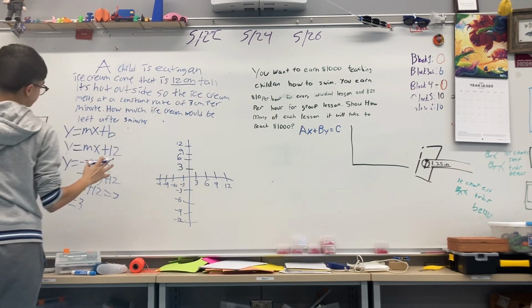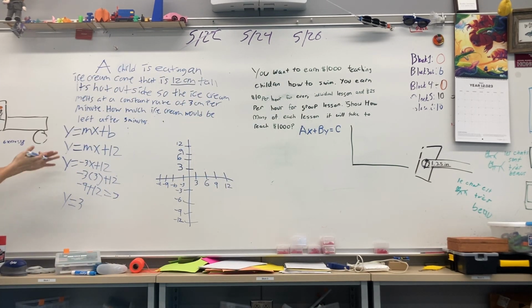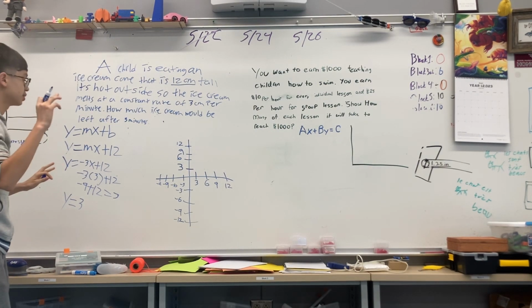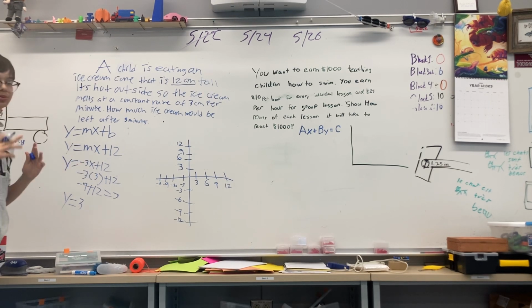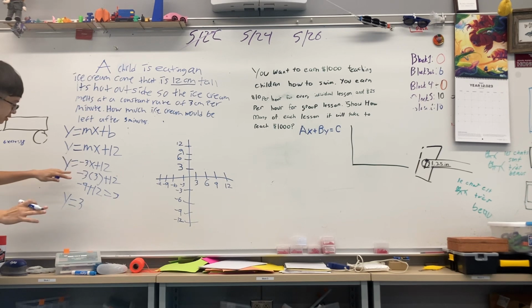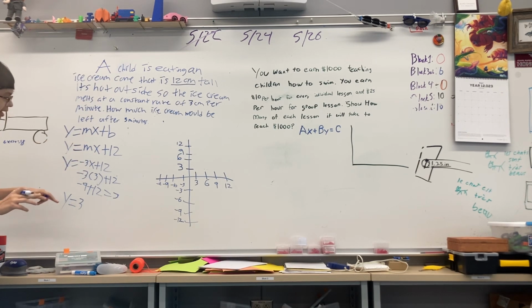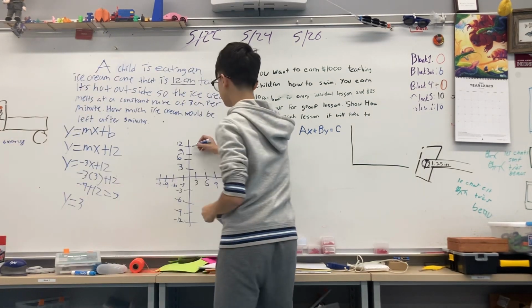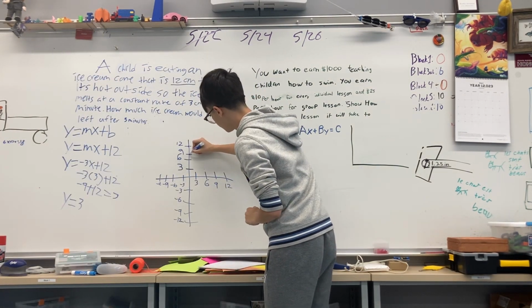And then, since there's a negative 3 in our slope, that means we will be going down. We won't be going up, or else that would be wrong. So we go down by negative 3, we will be doing rise over run. And since it's not a fraction, we'll just be going down 3, and then to the right 1.